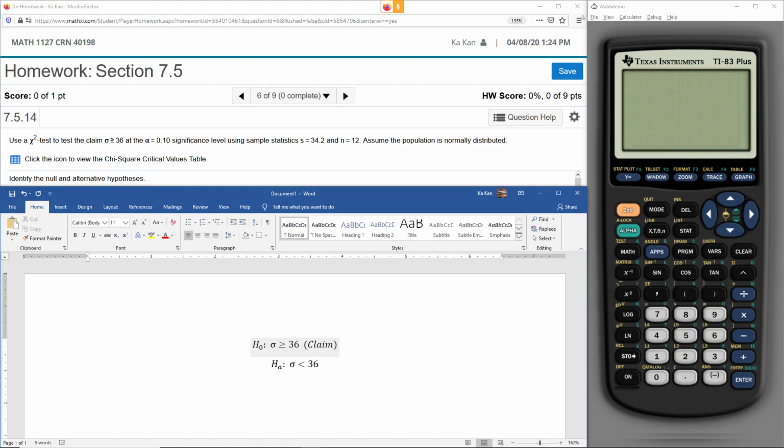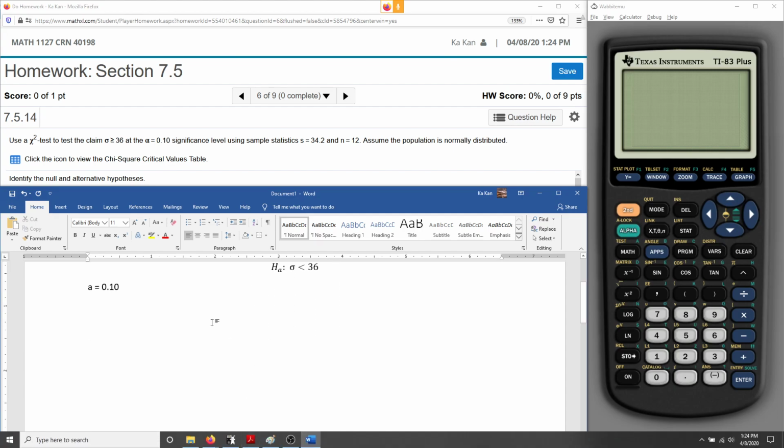Now, we are going to use the level of significance. Alpha is going to be 0.1. Before we dive into the other stuff, let me get a picture of this thing.